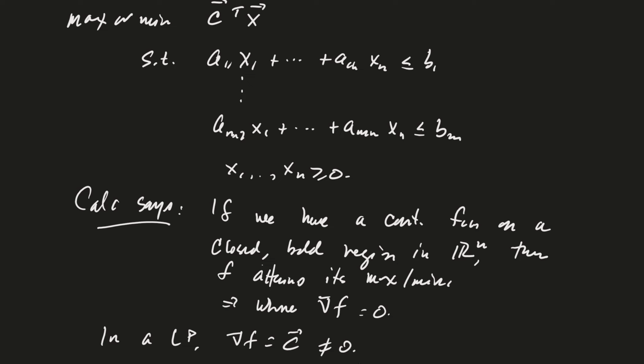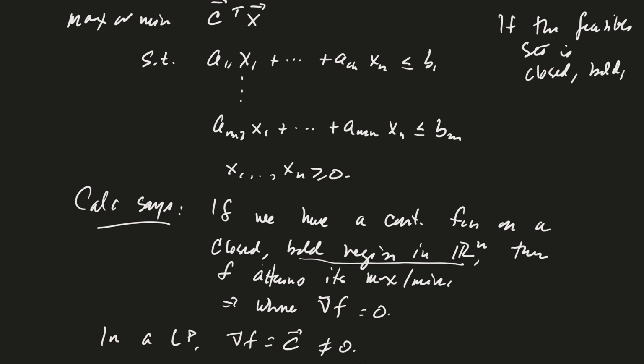That means that if we have a closed and bounded region in Rn, we're guaranteed that we have a maximum or minimum. And so if the feasible set is closed and bounded, we have at least one solution to the LP.